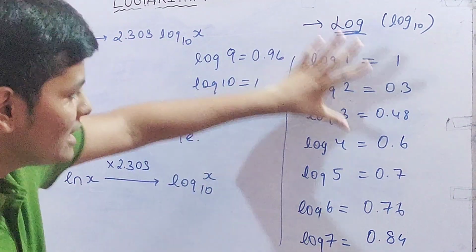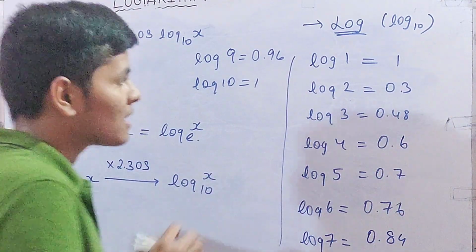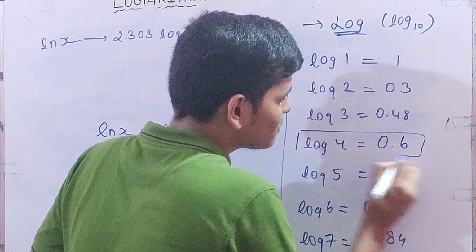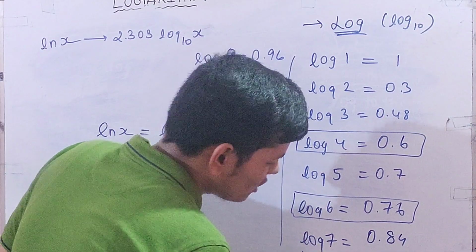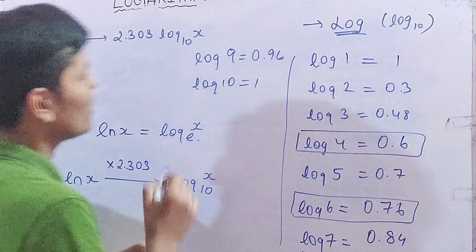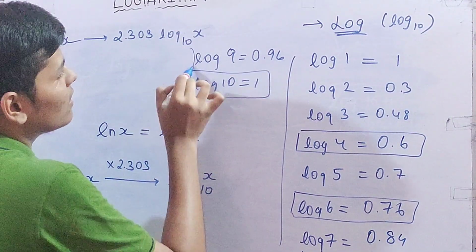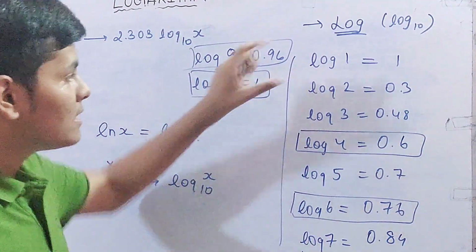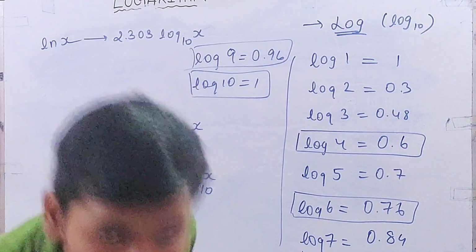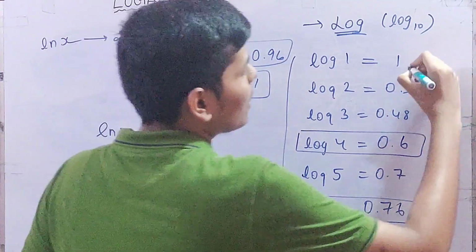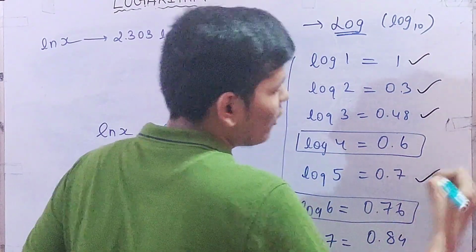For now, we know these are the values of the logarithm. But how did we get log 4 is equal to 0.6? How did we get log 6 is equal to 0.76? Log 8 is equal to 0.9, log 10 is equal to 1, log 9 is equal to 0.96. These all logs can be derived. The logarithms which we actually need to remember are log 1, log 2, log 3 and log 5.